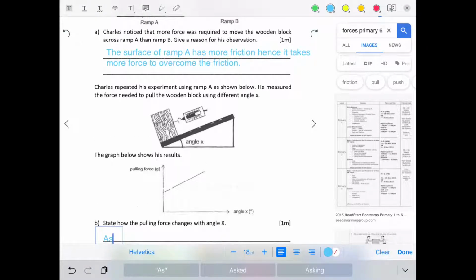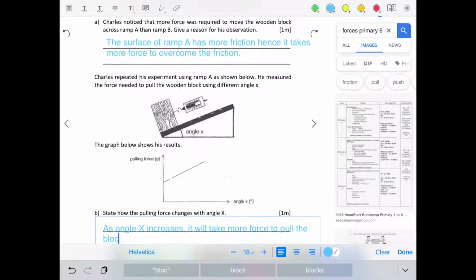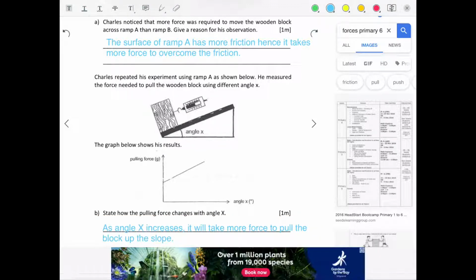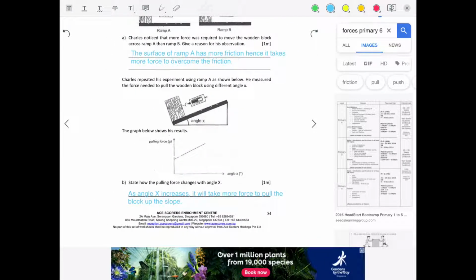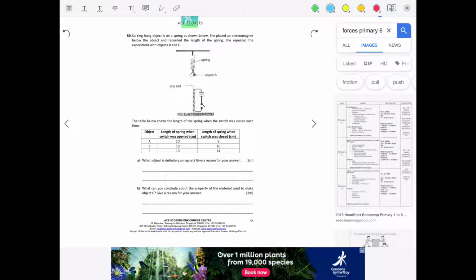So we say that as angle x increases, it will take more force to pull the block up the slope. Okay, that's it. It's pretty straightforward.